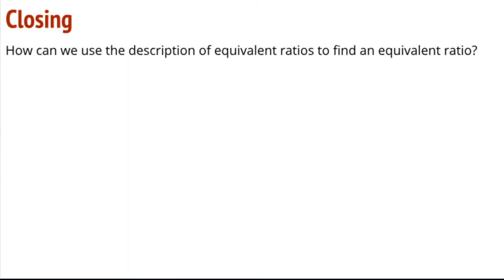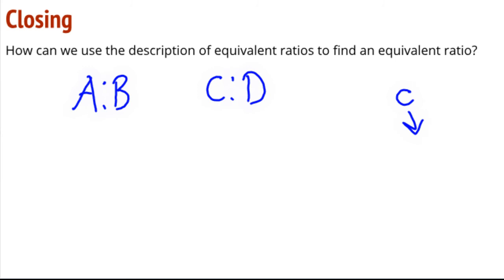And we also have this description from other lessons. Two ratios, A to B and C to D, are equivalent if there is a non-zero number. Remember, this is our little c, the number that we multiply by.